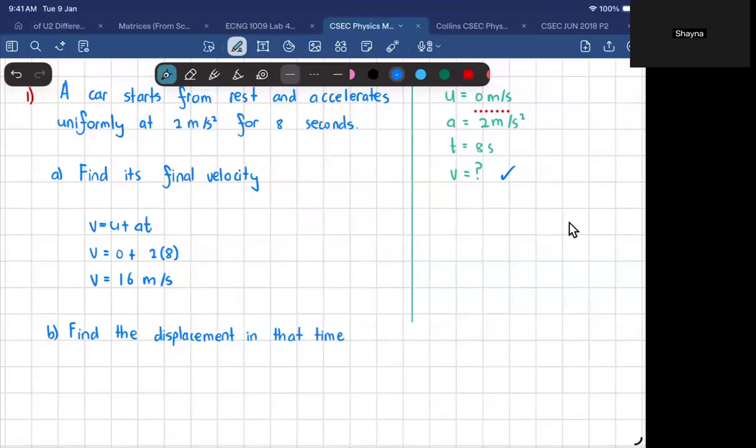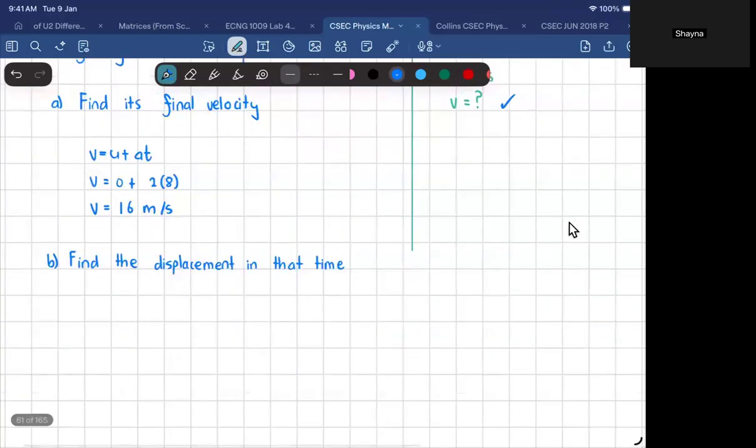So which one do we use to find for S? We could use S equals UT plus a half AT squared. You want to use that one?